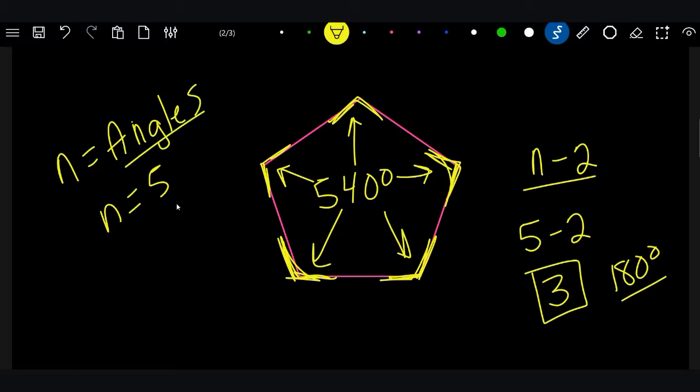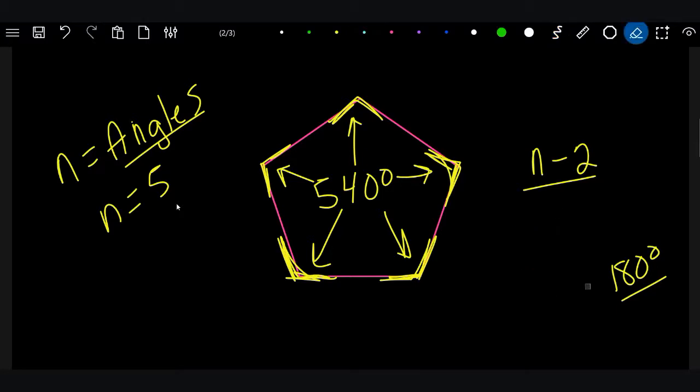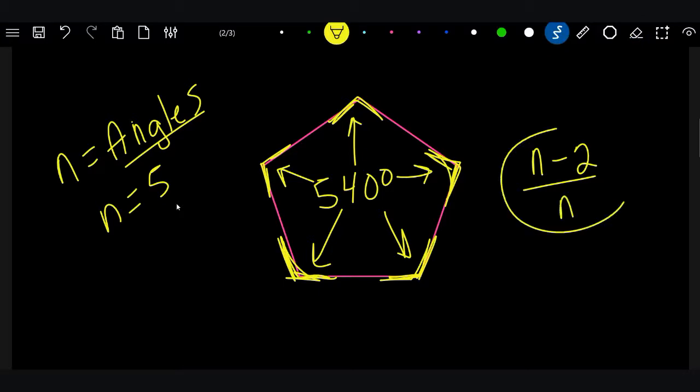So if n is 5, if I take this total number of degrees and I divide it by 5, so if I have n minus 2 divided by n, that's going to tell me how many degrees are in each actual angle, not in the total, because now I'm dividing it by 5.